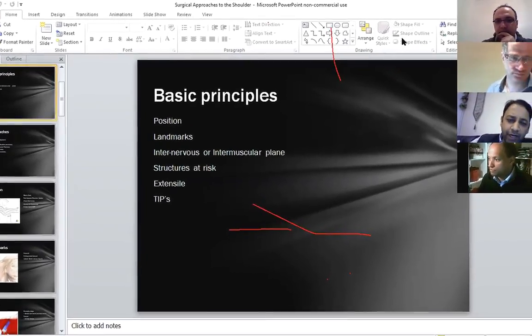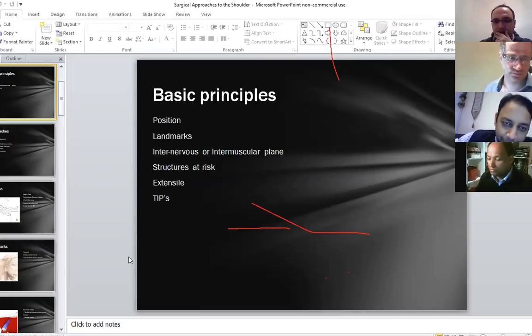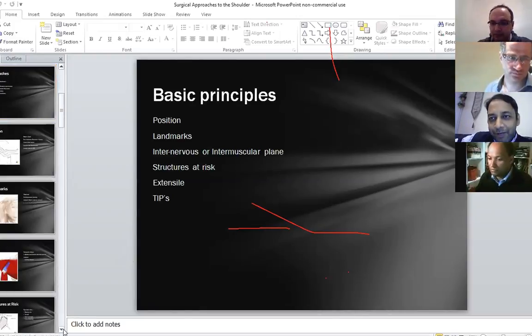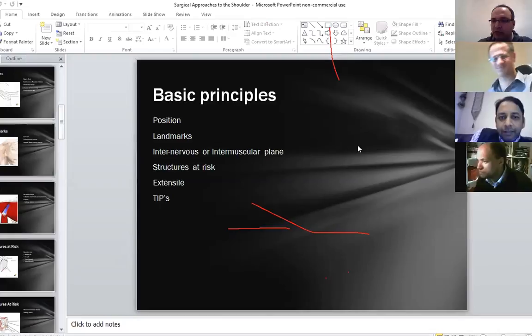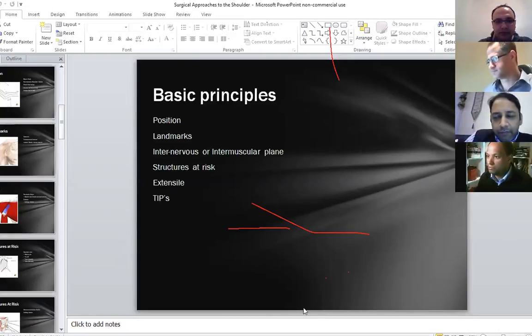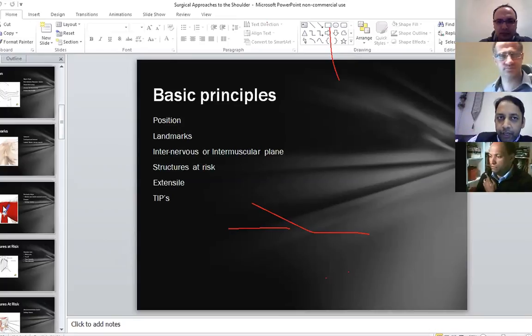I think it's 2.5 centimeters, as far as I can remember. You'd use the superior margin of the pec major as your landmark, and the height of your implant should be 2.5 centimeters superior to that, if I'm not wrong.